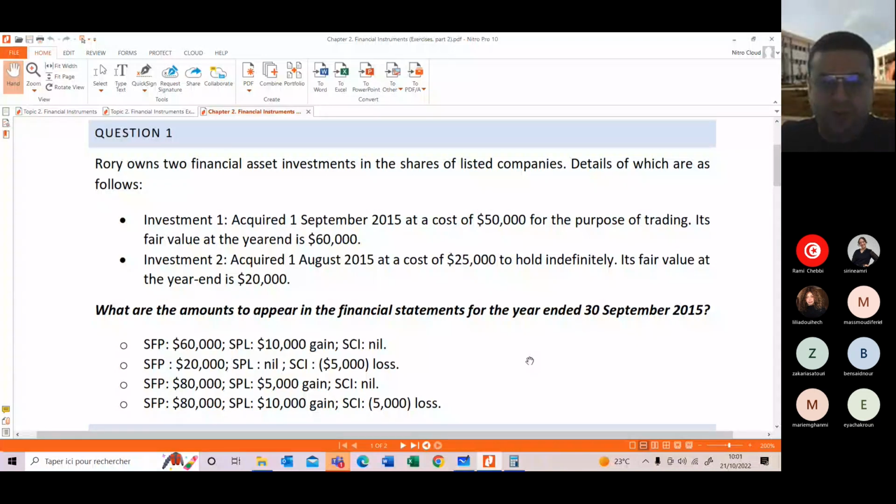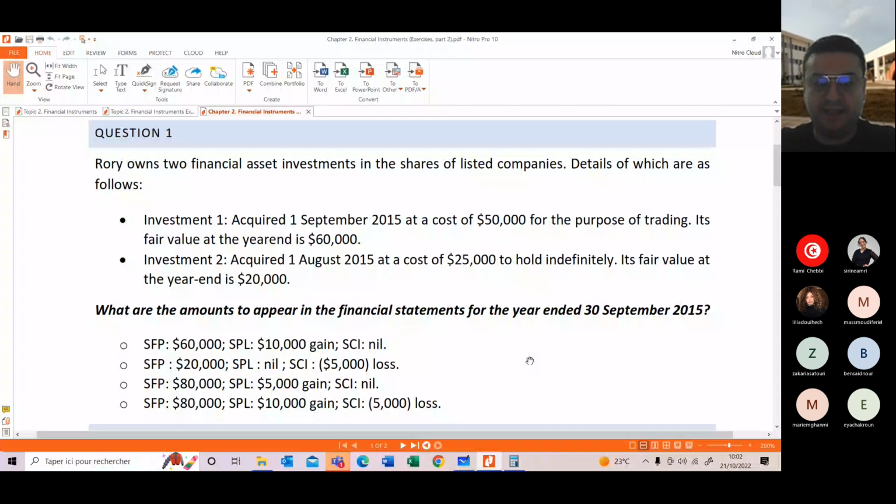Rory owns two financial asset investments in the shares of listed companies. So both investments, in other words, are equity investments. You invest in stocks. Details of which are as follows. Investment one has been acquired on the 1st of September 2015 at a cost of $50,000 for the purpose of trading.